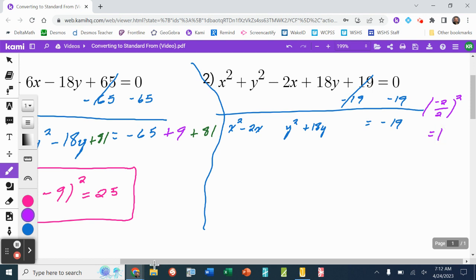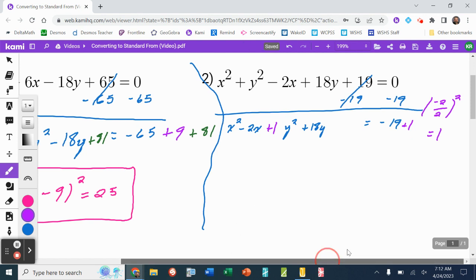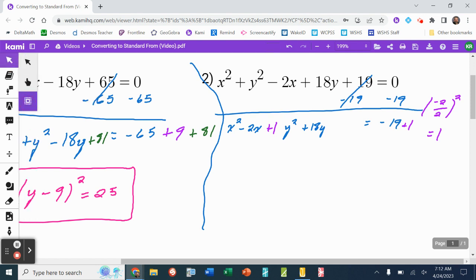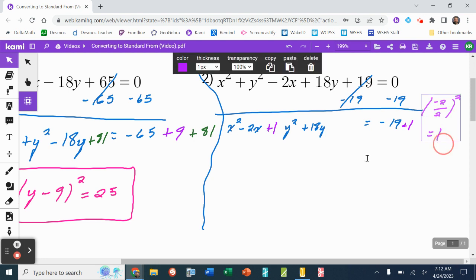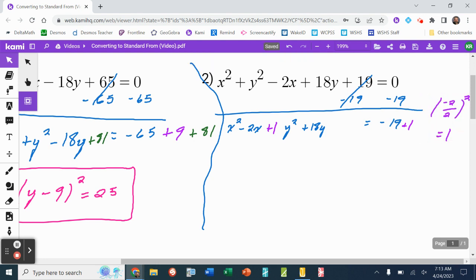So we're going to add a 1 here. And like last time, remember, if I add something to one side of the equation, I've got to add it to the other. Let me move some of this over so we don't get confused with what we're doing here.